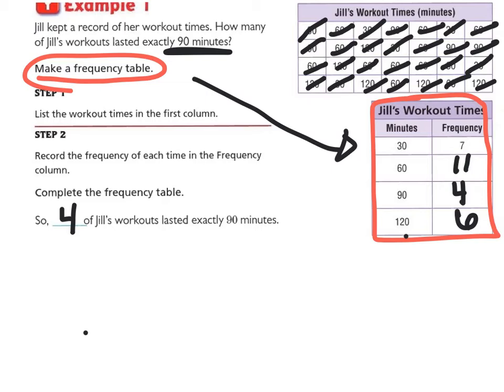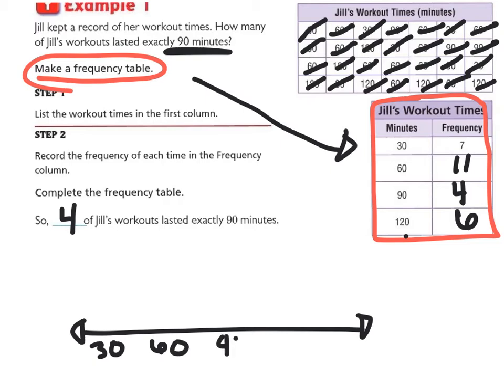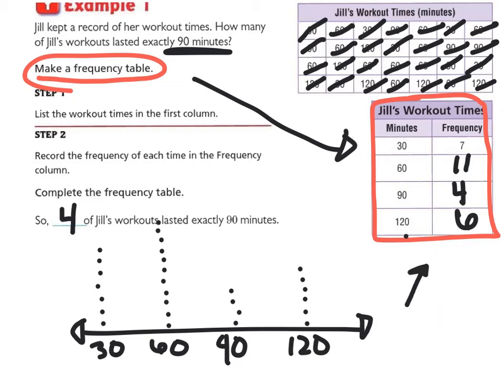You could easily turn this into a dot plot, with 30, 60, 90, 120, and then 7 dots, 11 dots, 4 dots, and 6 dots. So you could easily turn that information into a dot plot, or take the information from a dot plot and put it onto a frequency table.